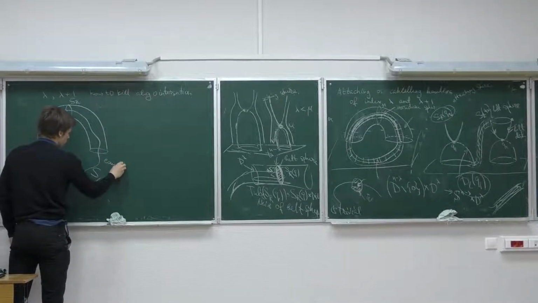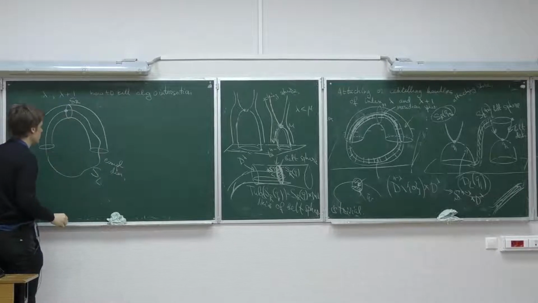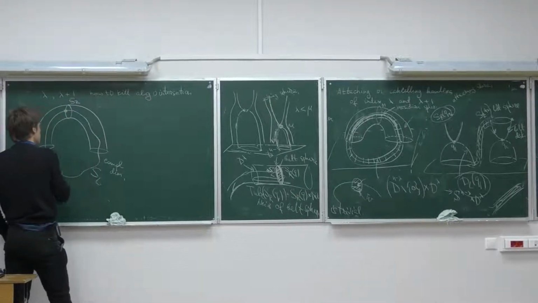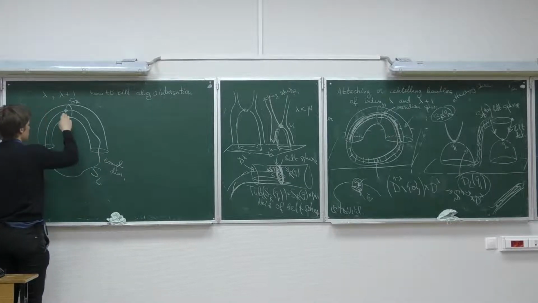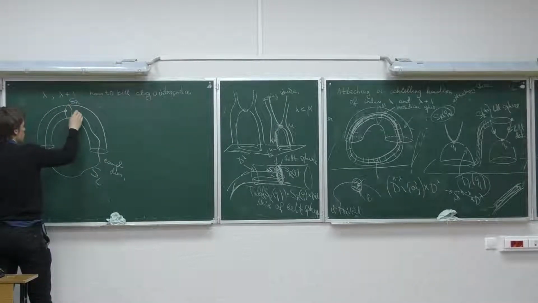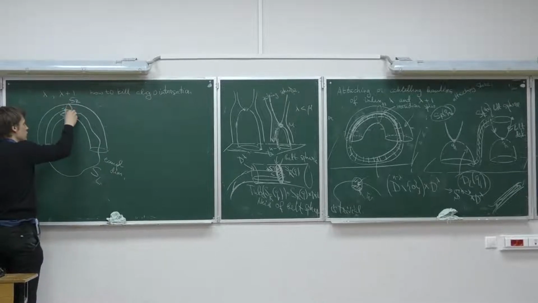They have transversal intersection, but the problem is that it is not algebraically transversal, so one curve can pass something like this. Yeah? So there is the sum of pluses and minuses.